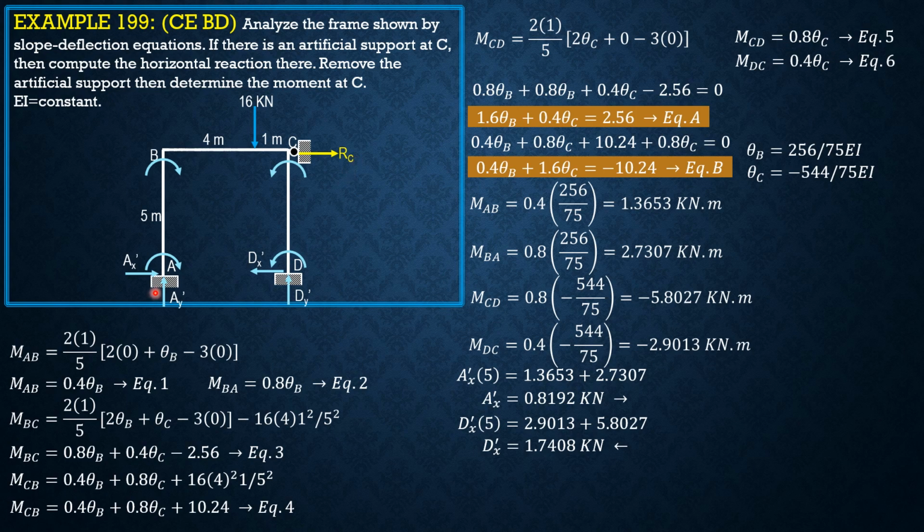R sub C plus AX prime equals DX prime. So R sub C plus 0.8192 equals DX prime 1.7408. So therefore, the horizontal reaction on the artificial support is equal to 0.9216 kilonewtons, and that is rightward.